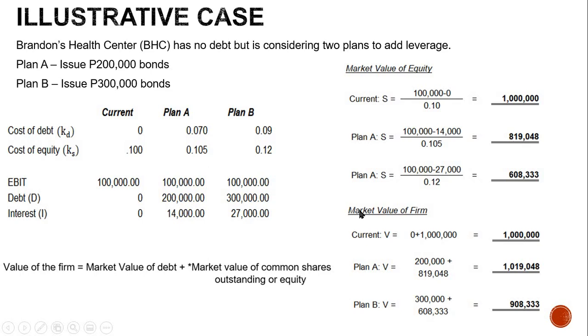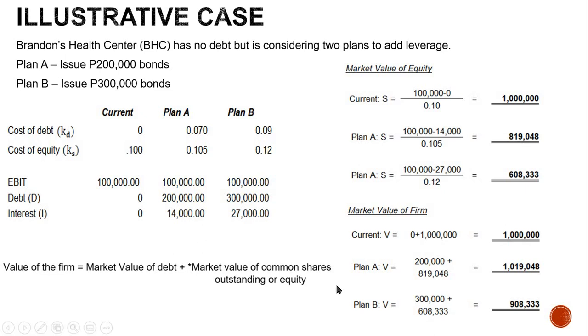For current, the market value of the firm is the market value of debt, which is 0, plus the market value of equity, 1 million. So that's 1 million for the current capital structure.